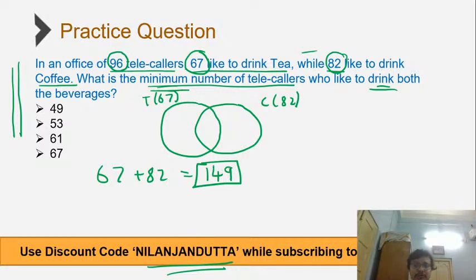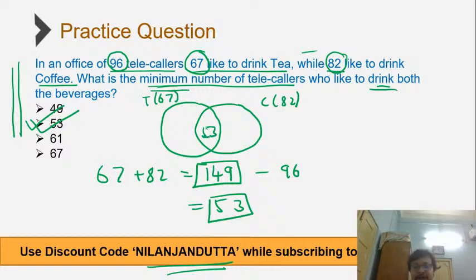Despite getting a total of 149 people liking a particular beverage, I have a luxury of at most 96 telecallers, which means the remaining count of 53 must be people who are counted in both the drinks, which means the answer will be 53. 53 people have to be counted in both the drinks.